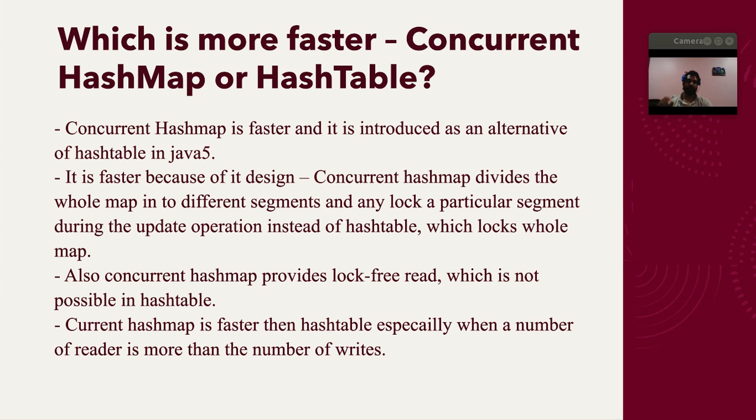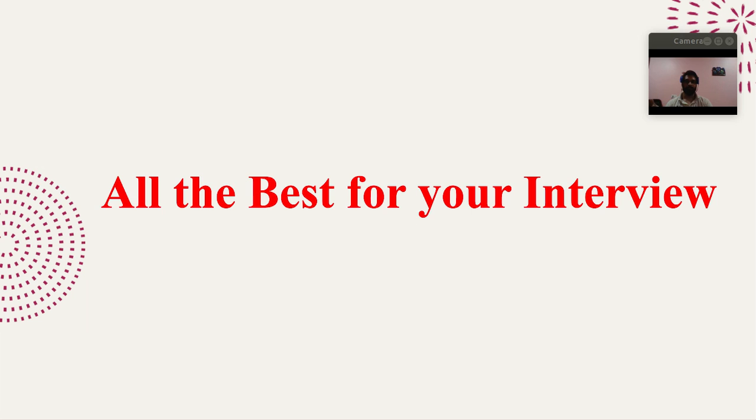That's why ConcurrentHashMap is faster than Hashtable, especially when the number of reads is much more than the number of writes, right? So I hope you understand why ConcurrentHashMap is much faster than Hashtable.